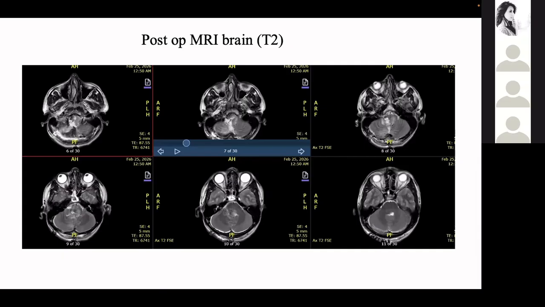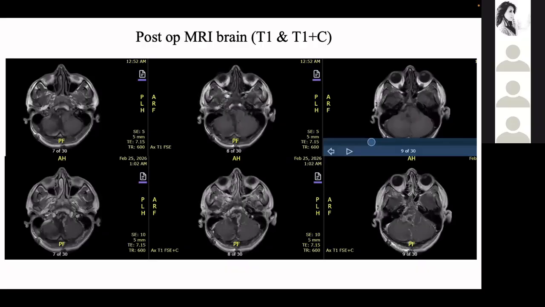So on post-op, we can see that there is resection in the suboccipital region, and you can see the surgical track extending up to the lesion. So most of the right half of the tumor has been resected, but we see a curvilinear residue on the left side. Next image.